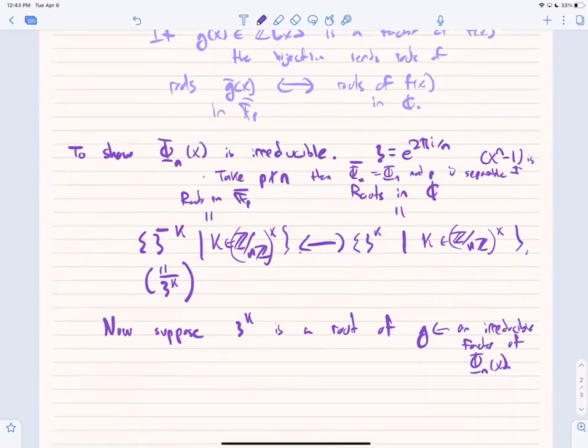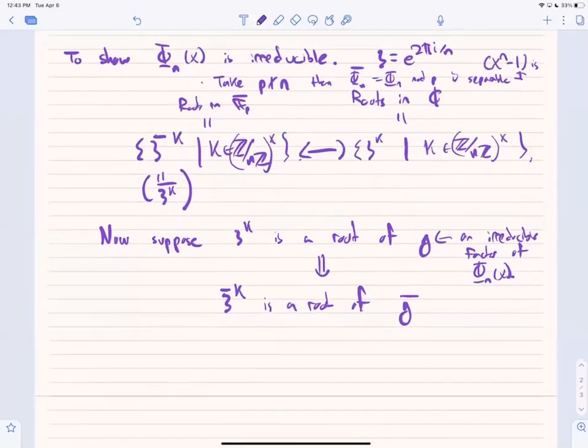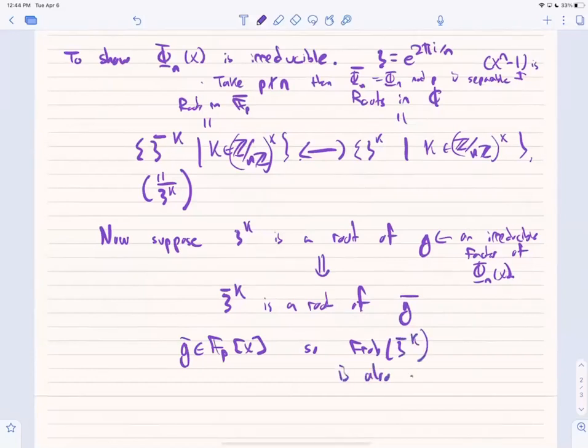Then zeta bar to the k is a root of G bar. But G bar is in F_p of x, so if I apply the Frobenius automorphism to this root of G bar, this is also a root of G bar.